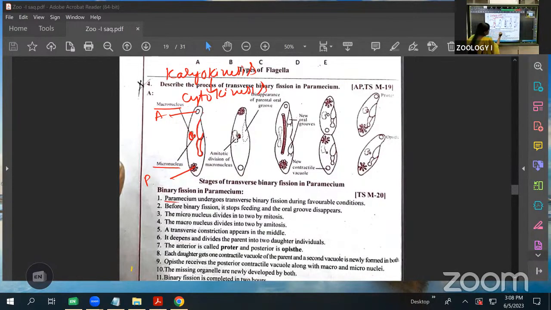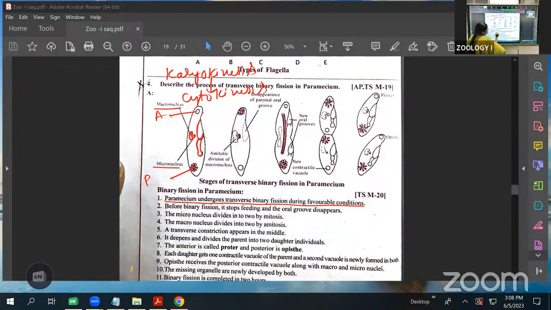Paramecium undergoes transverse binary fission during which time? In favorable conditions: food is sufficient, water is sufficient, climatic conditions are good. Only then does the paramecium undergo transverse binary fission.